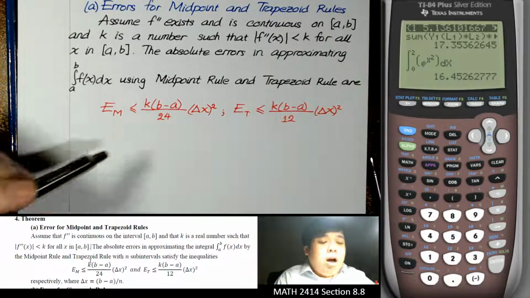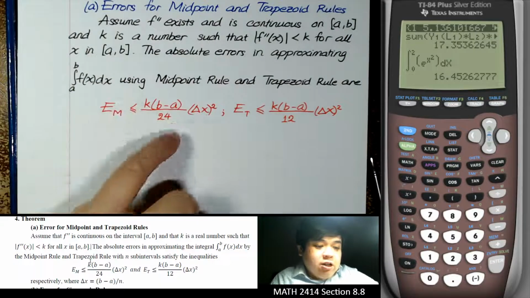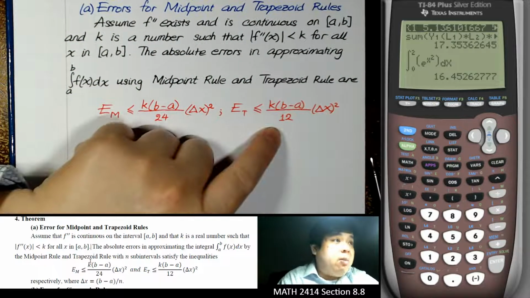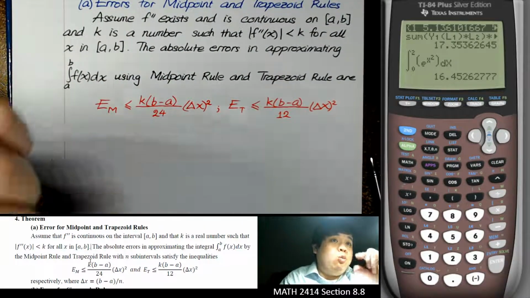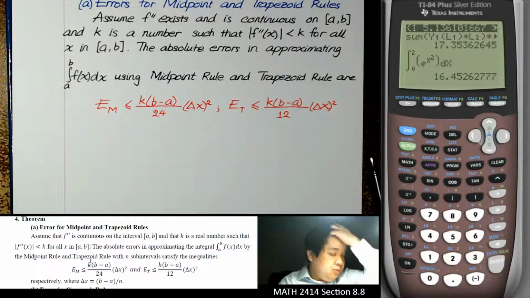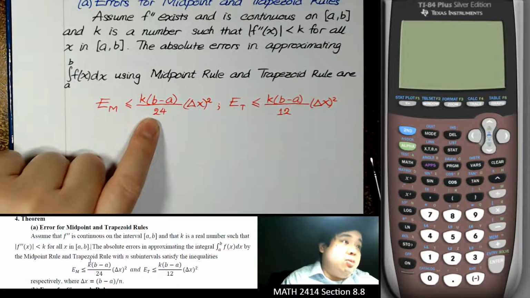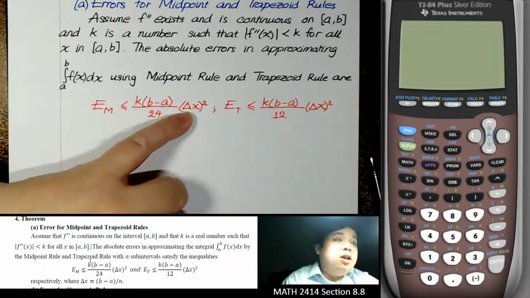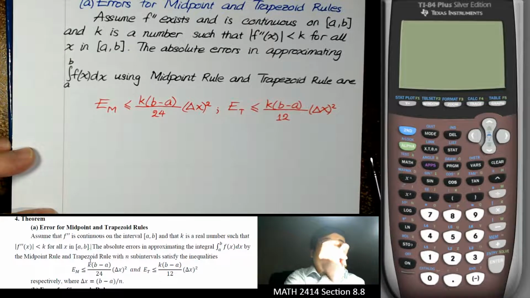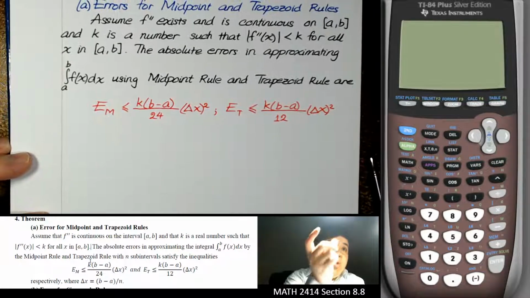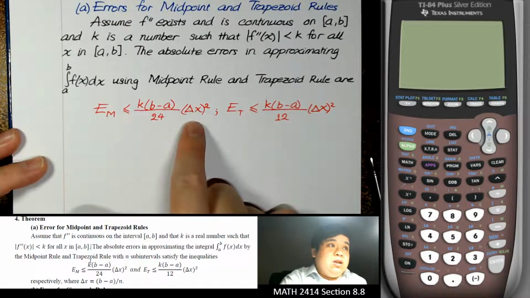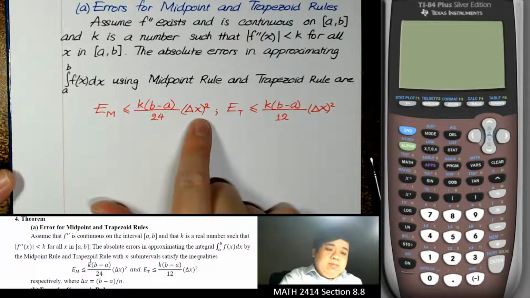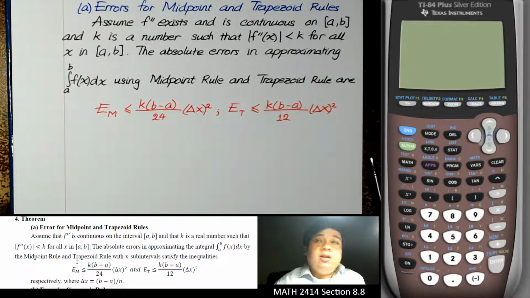So first thing, when we look at this, this is divided by 24, this is divided by 12, and 24 will give the smaller number, right? So this is a better approximation because the error is smaller. And then the delta x squared, meaning the smaller the interval that we choose, we're going to square that. So it depends on the square of delta x.